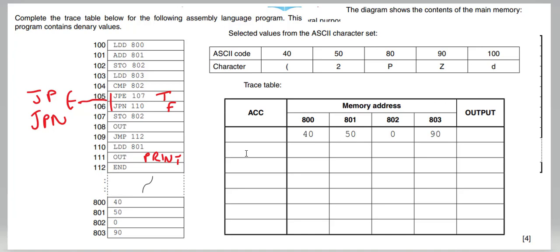So LDD 800, so we've got 40, add 801. So what we're going to do is we're going to load 800 into the accumulator, which will be here. So in 800 we've got 40.